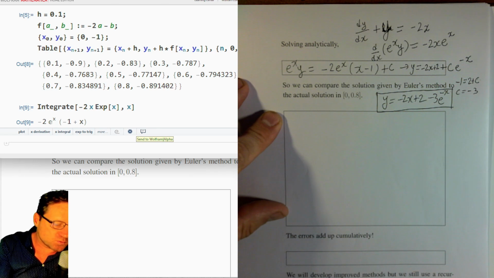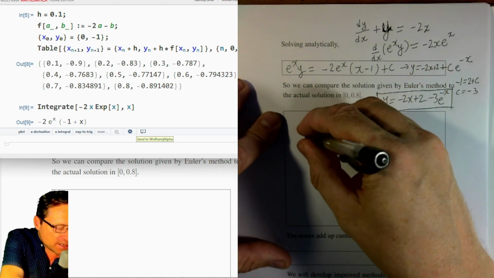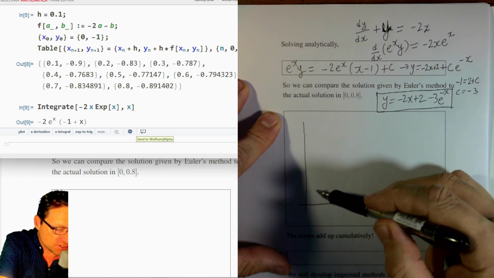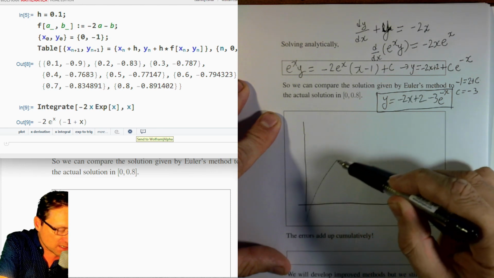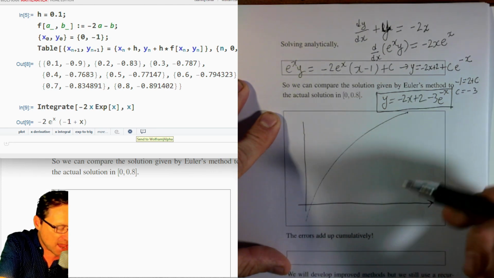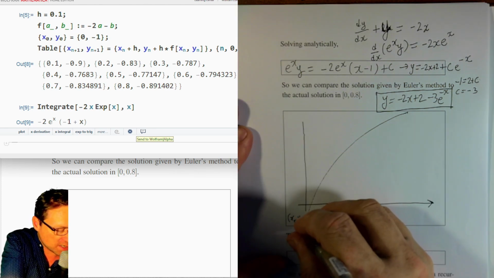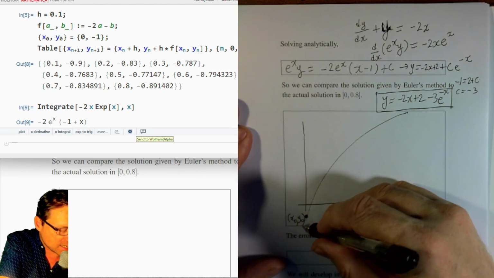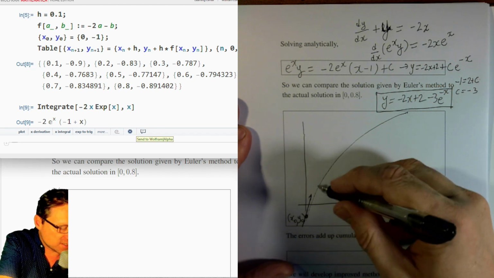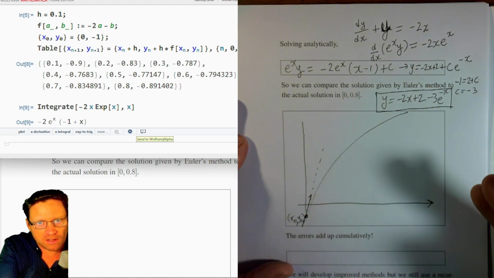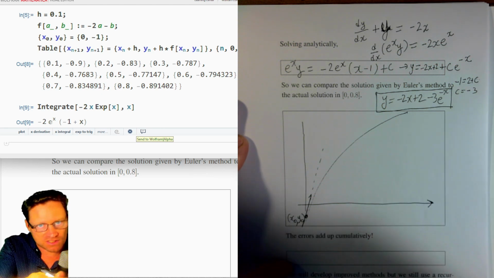All right, so next, let's give a little plot and explain geometrically what's going on. So the analytic solution to this might look something like this. All right, and so what's happening is we have our initial point, x0, y0, and what we do is we take a tangent and we stop on that tangent line when we have stepped forward that step size h, which is 0.1.